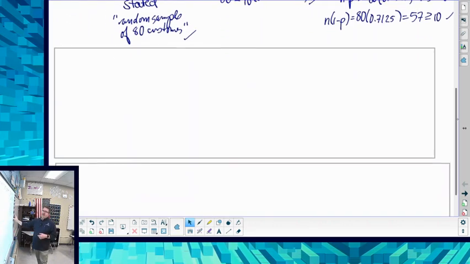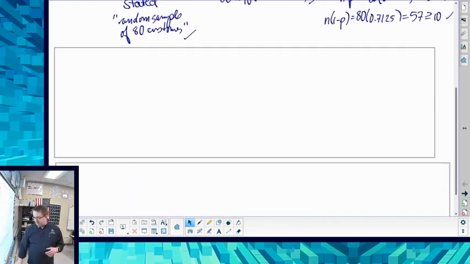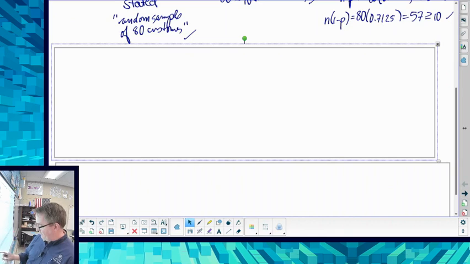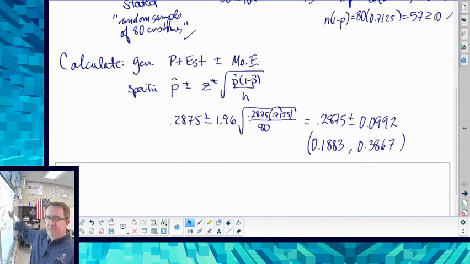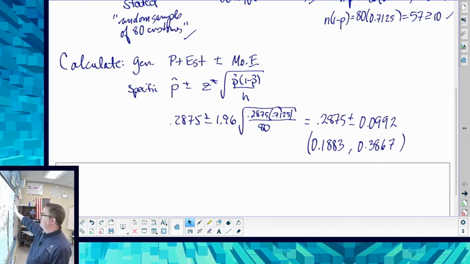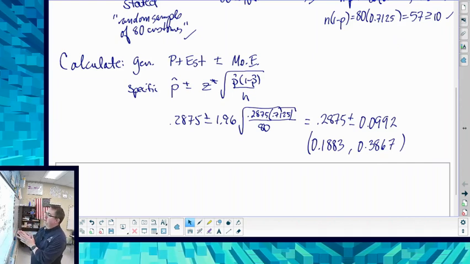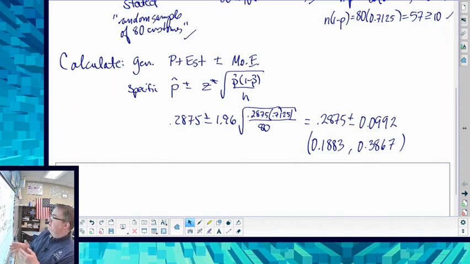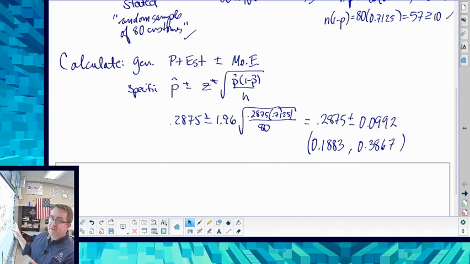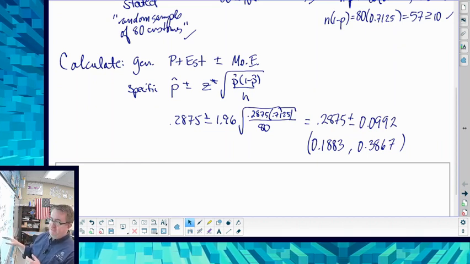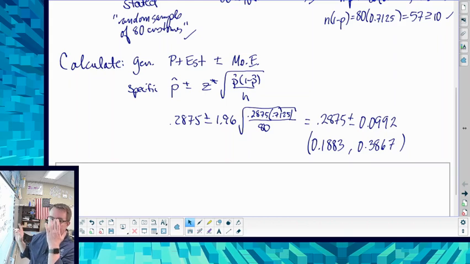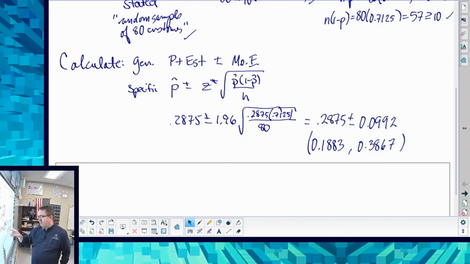Now, with all that being said, we get to the meat and potatoes of it. Here's your calculating. To calculate it, we always write down the general formula first to make sure that's cemented into our head: point estimate plus or minus margin of error. The specific formula is p hat plus or minus z star times the standard error. Then we plug in the parts. I've got 0.2875, that was my p hat from above, and my z star of 1.96.